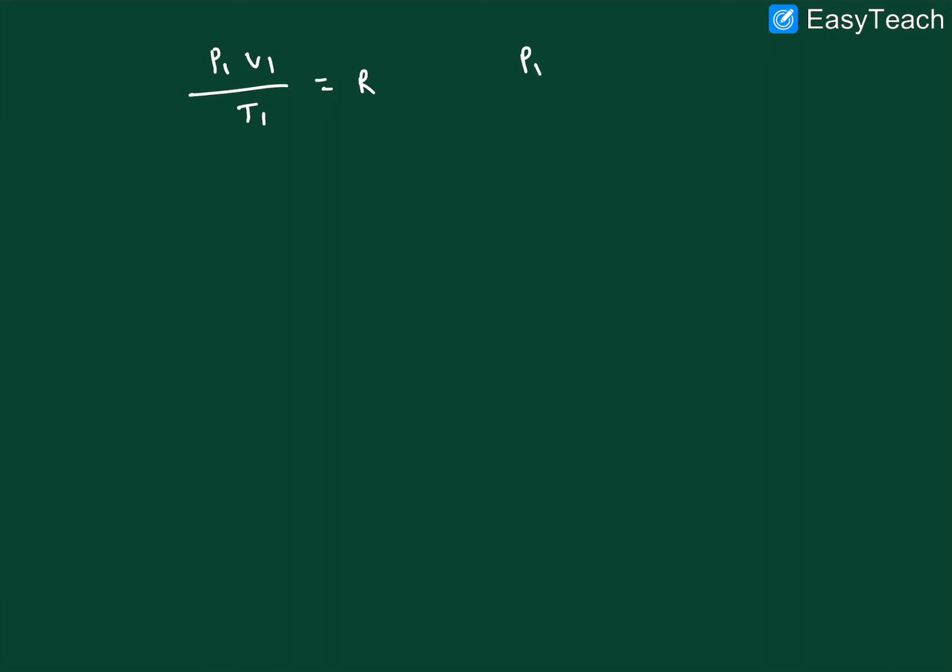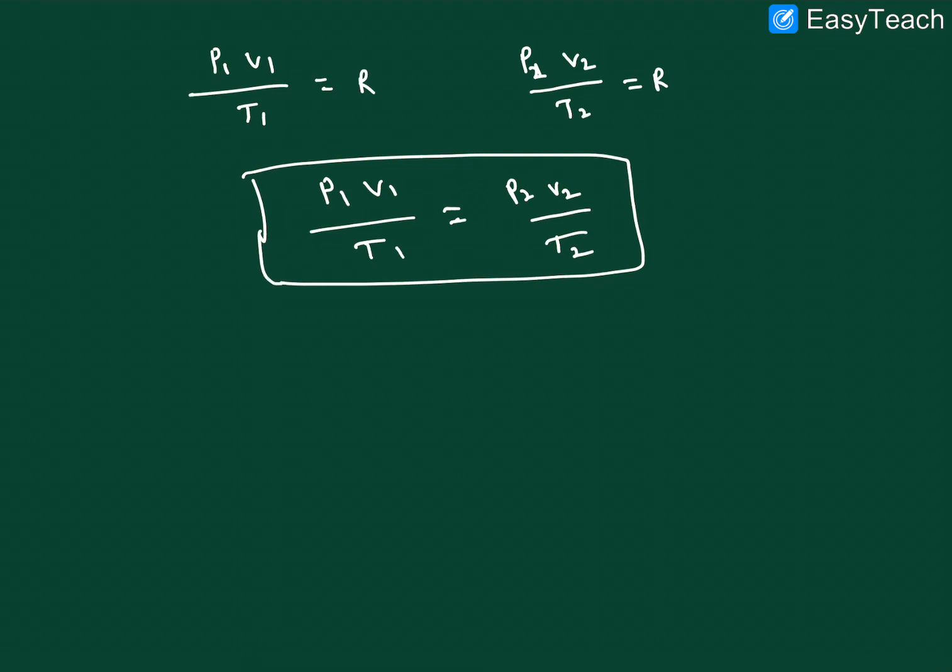From this formula they will ask for the gram molecular weight. Simply rearranging, exchanging these two terms, the resultant formula is: gram molecular weight is equal to density into RT by pressure. I hope it is clear.